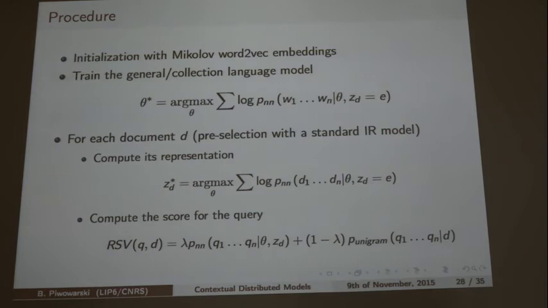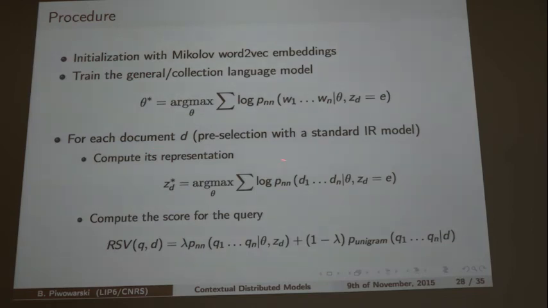And the procedure for learning this is quite standard, so we start with word embeddings which are generated using word2vec, so it's a fast and cheap way to get the vectors. Then we train the neural network language model with gradient descent, trying to maximize likelihood.